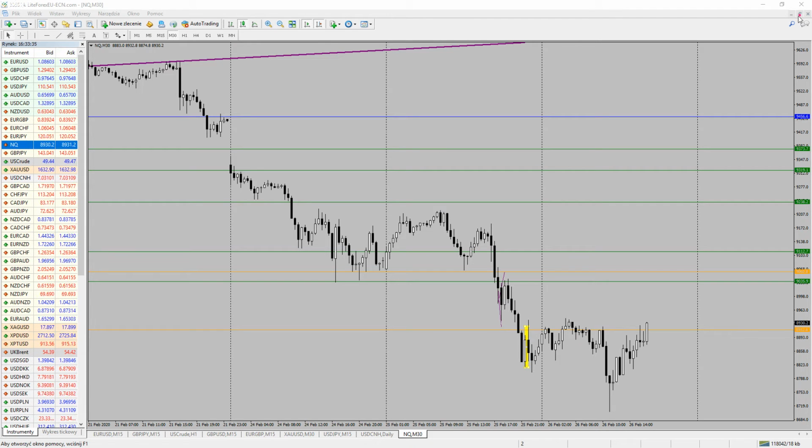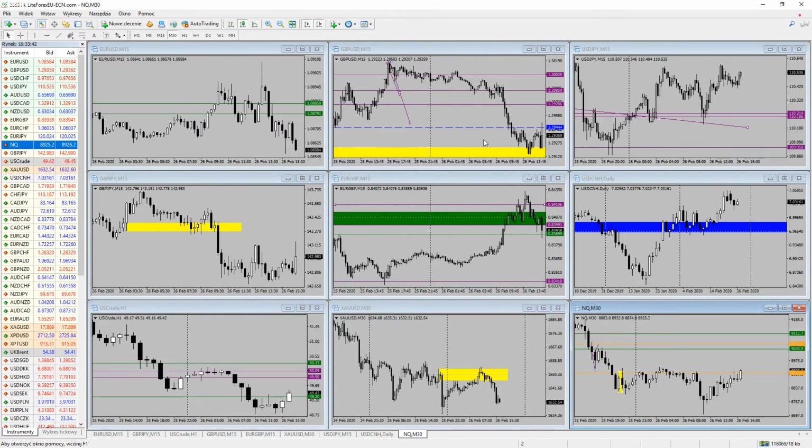The pound is on the move. Let's have a look at what we have there and why. Okay, already rejected. Let's have a look at what it's all about.